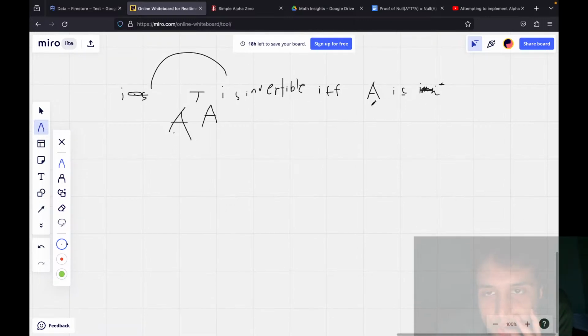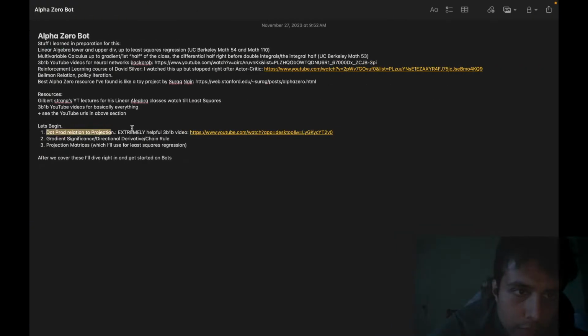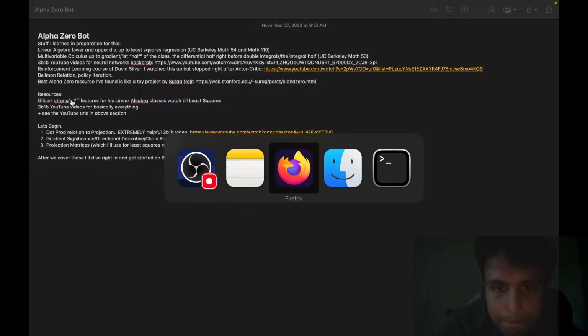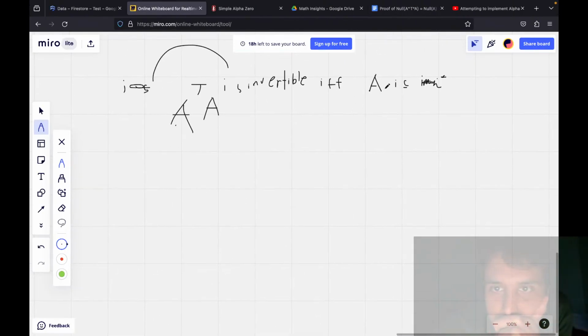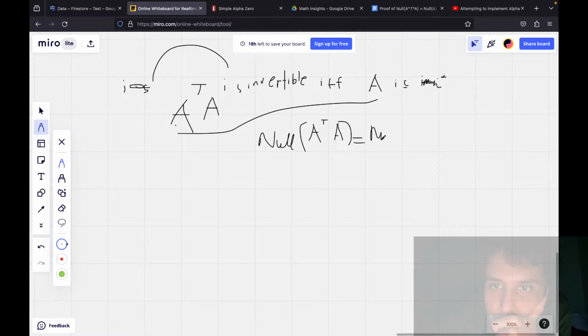One way of showing this, which Gilbert Strang's book uses, is to show that the null space of A^T A is in fact the null space of A. Now, why are these two statements one and the same?